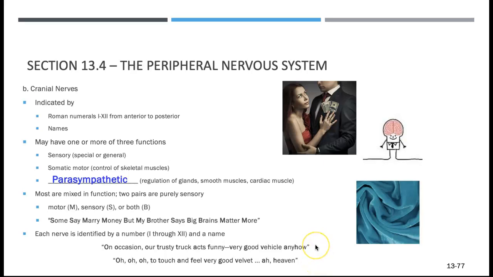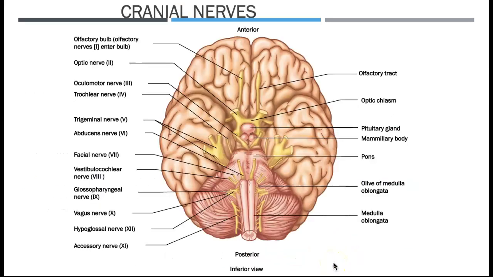So first one is, on occasion, our trusty truck acts funny, very good vehicle anyhow. Or there's to touch and feel, very good velvet, ah, heaven. So each of those first letters stands for the cranial nerve name. For instance, this first one, O, is for olfactory, second one, O, optic, third one, O, oculomotor, fourth one, T, trochlear, fifth one, trigeminal, and so forth. We're going to go through all of these, so I won't use up our time going through them.